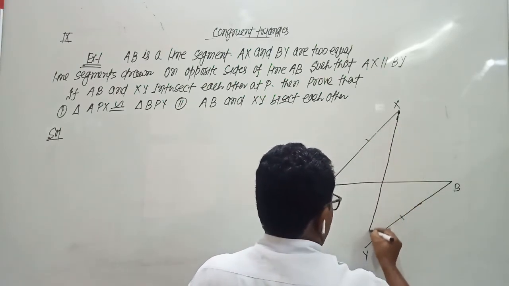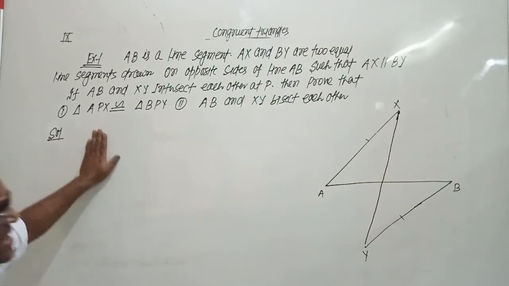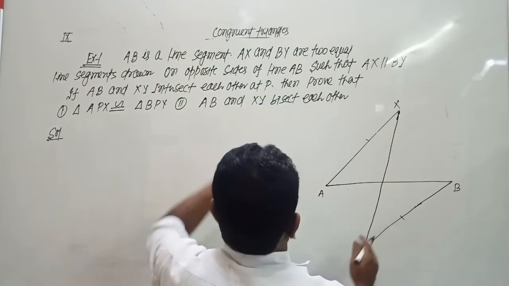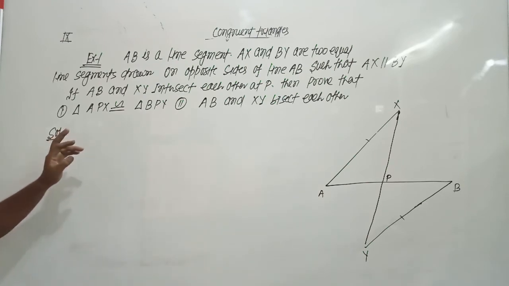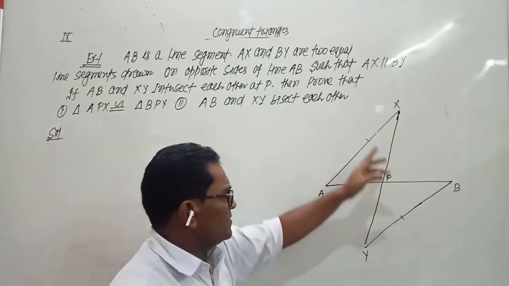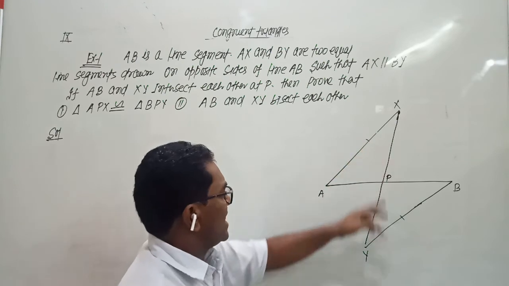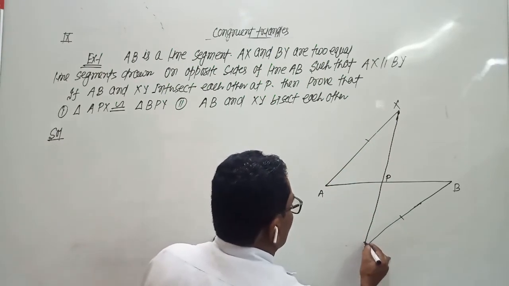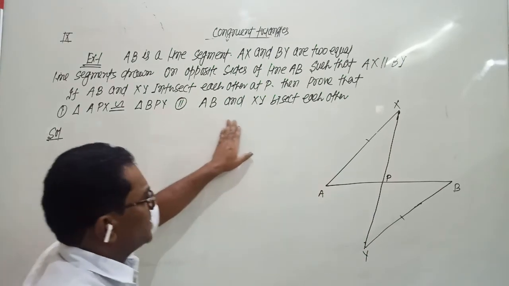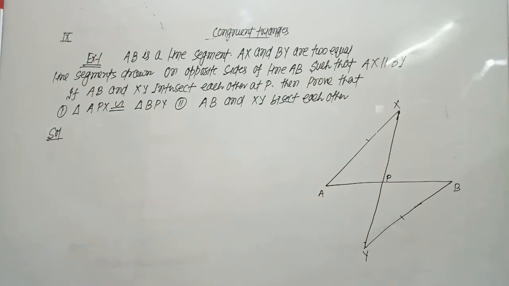Join XY. AB and XY meet each other at point P. If AB and XY intersect each other at P, then prove that triangle APX is congruent to triangle BPY, the first part, and the second part, AB and XY bisect each other.